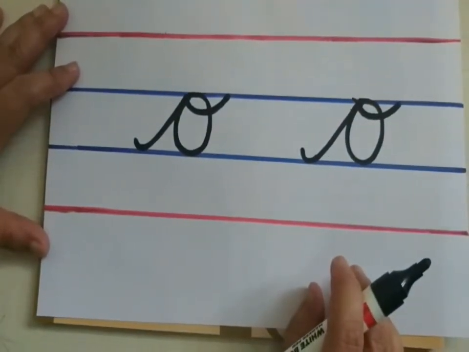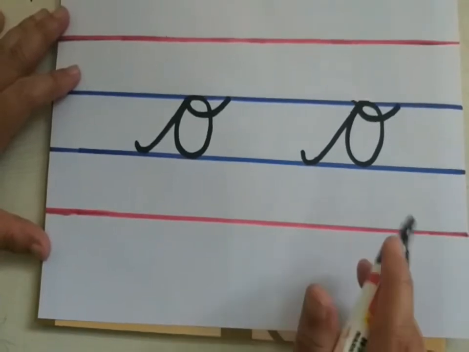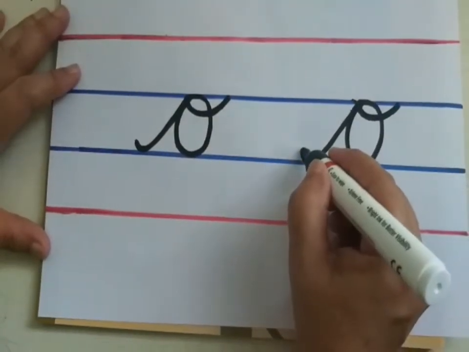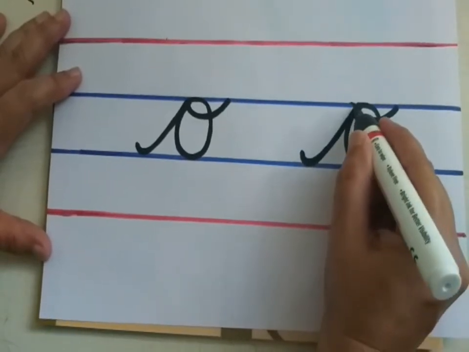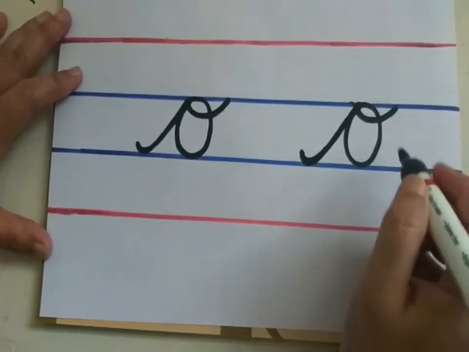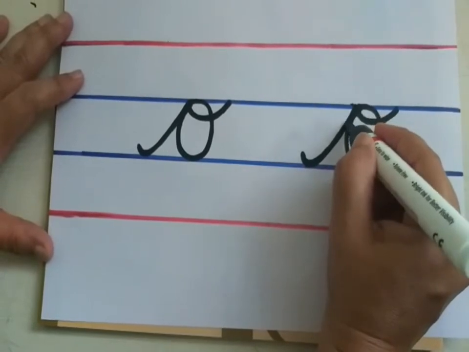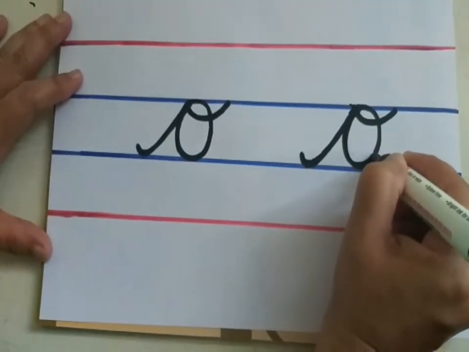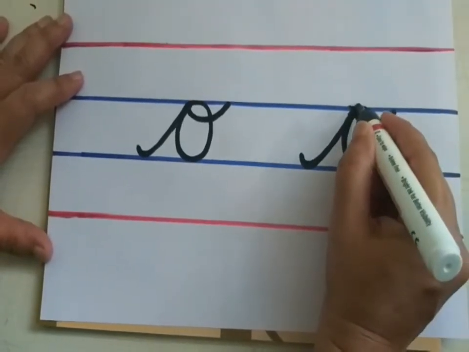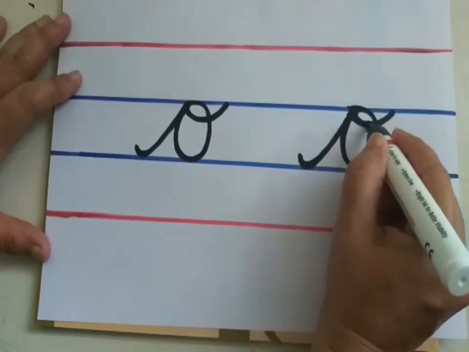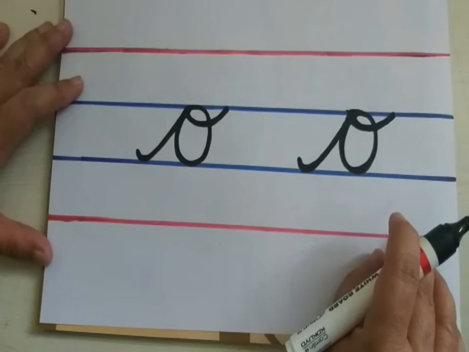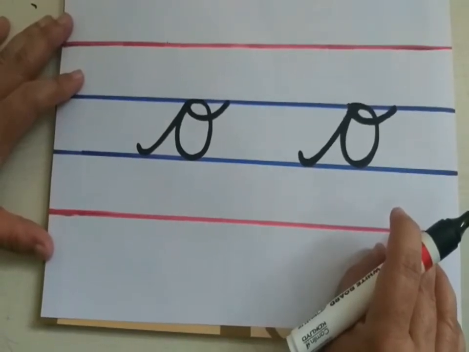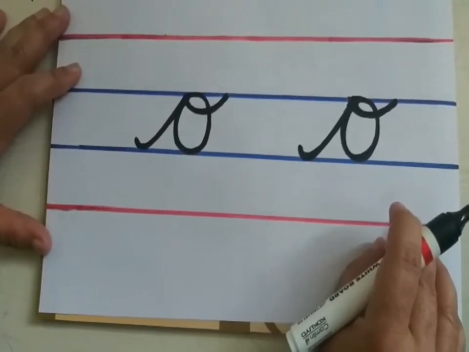Small cursive O. Once again we will write. Make a small curve. Go up to the second blue line, children. Slanting line. Now next, make a round. Now go inside and you have to touch this blue line. Small cursive O.